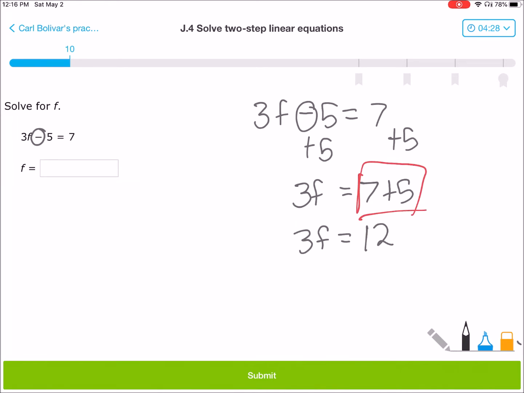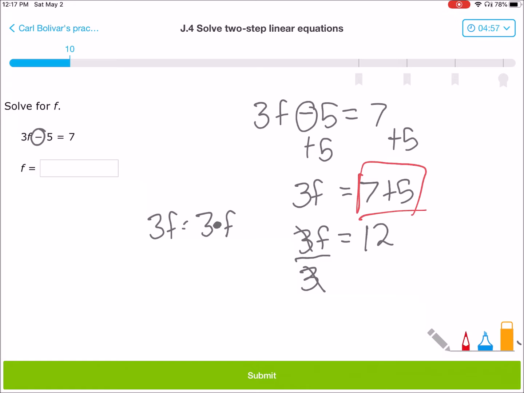Alright? And then what we do is, since essentially 3f is 3 times f, the opposite of multiplication here, this dot here, is division. So then we divide, and since we want to take out the 3, we divide by the 3 to take out the 3.